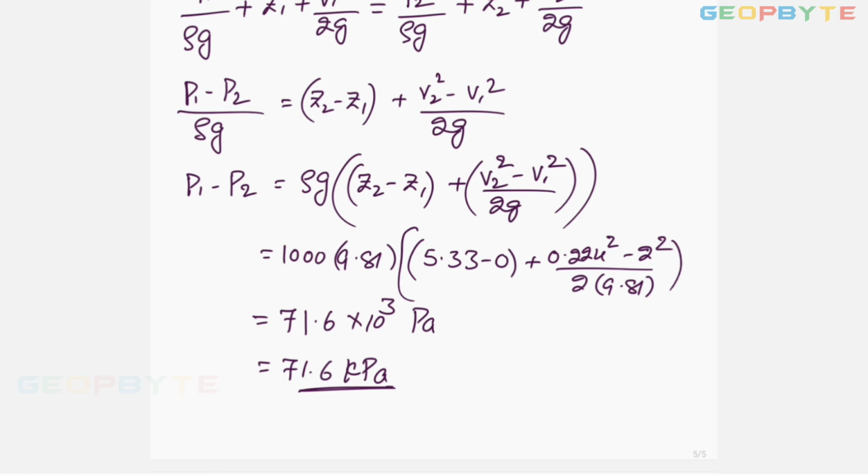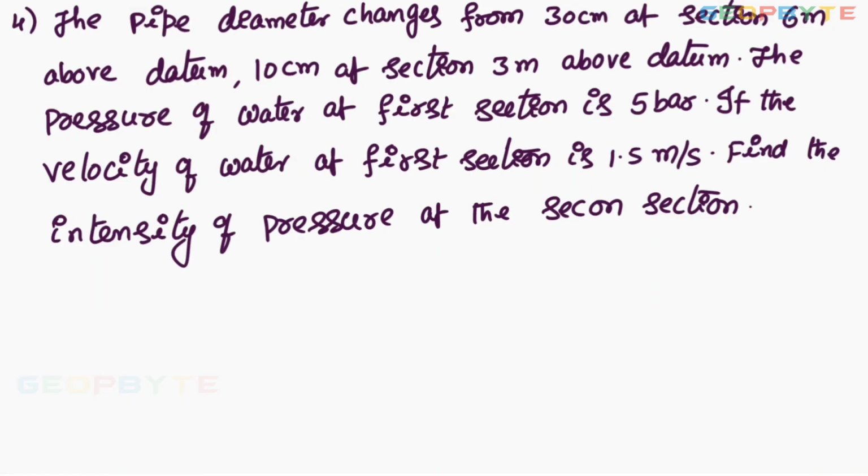Let us take another problem. Look at the next problem. The pipe diameter changes from 30 centimeter at section 6 meters above the datum and 10 centimeters at section 3 meters above the datum.